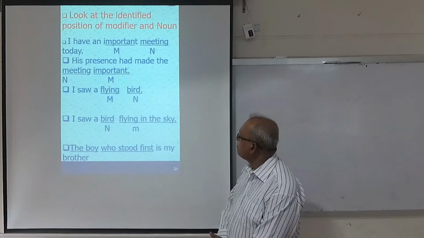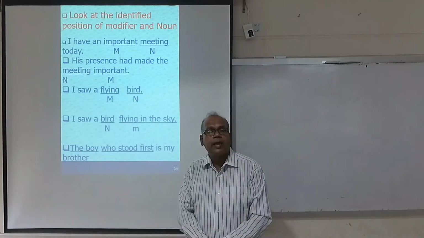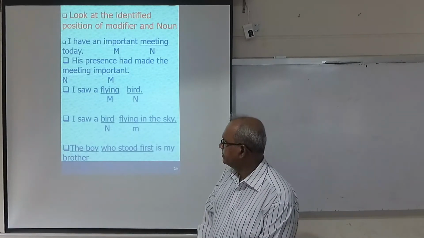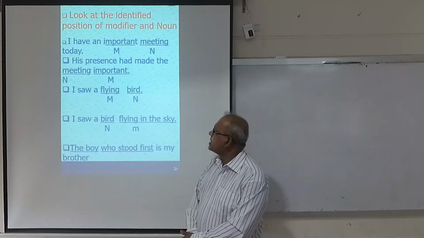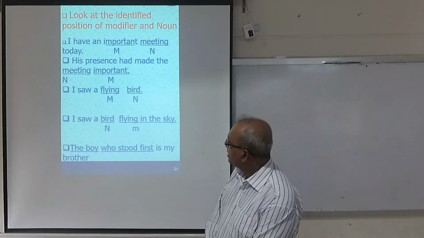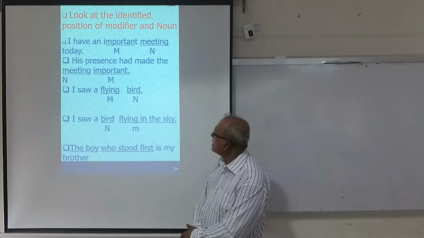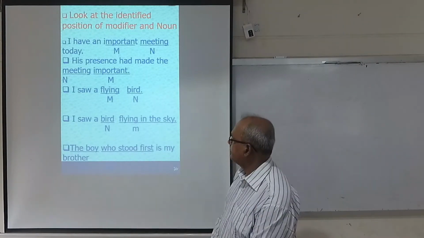Bird is noun and flying in the sky is modifier, but it is used here as post-modifier. In the previous sentence, you see flying is used here as pre-modifier, and in the next sentence, flying in the sky, it is used here as post-modifier.